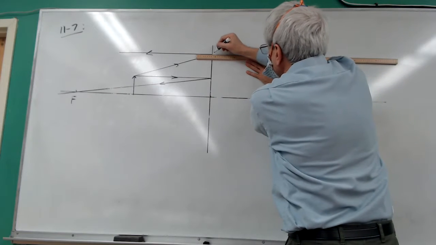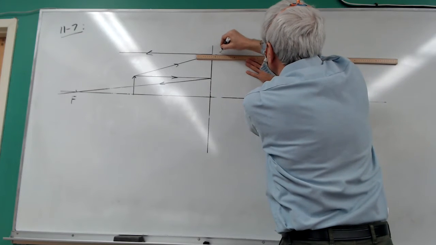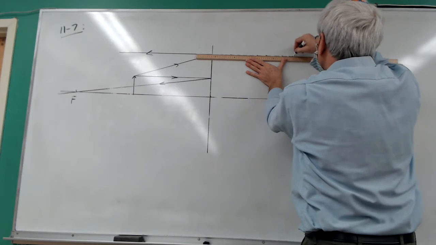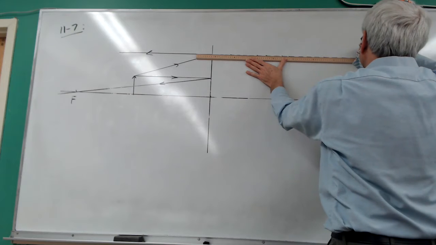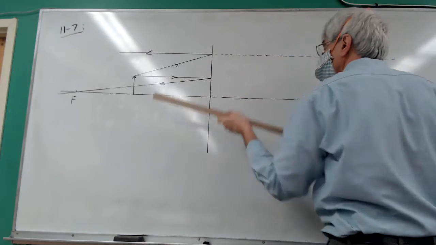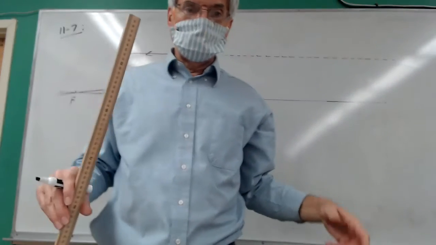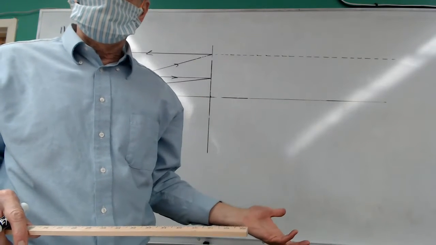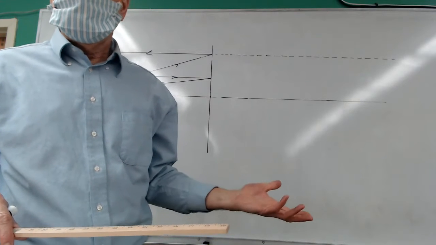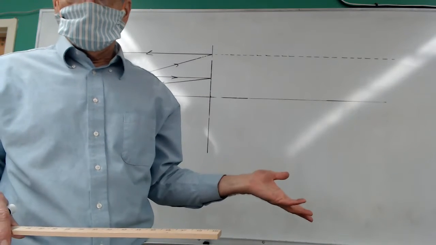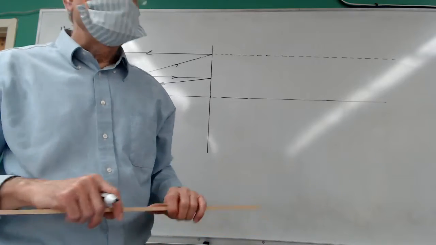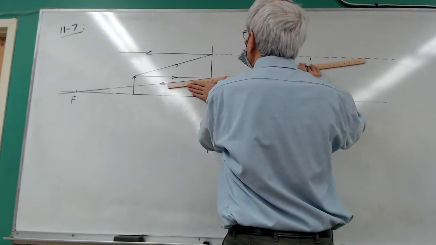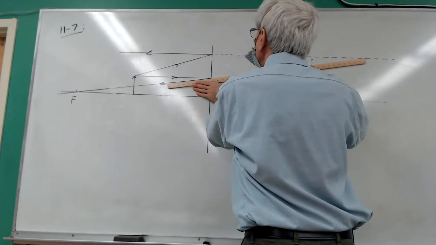So this is, not that you have to use dotted lines for this to work, but a common convention is to use solid lines for paths that light really does travel along, and dotted lines for extensions of those lines that don't really have any light going along them. So we need to extend this one back also to where it seems to have come from.